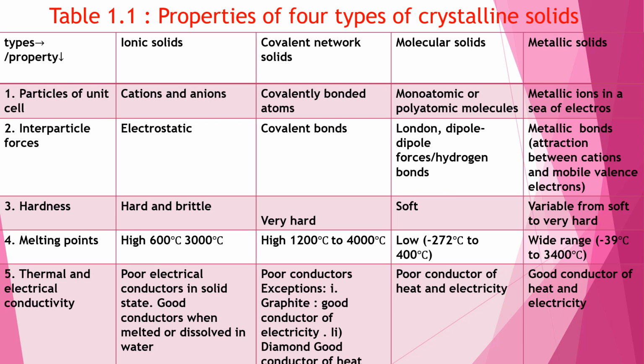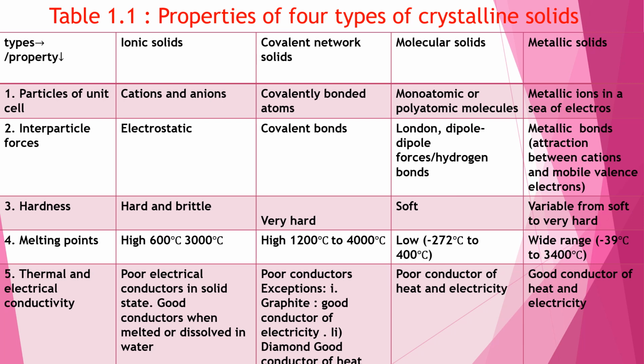In properties, first one is the particles of the unit cell. Cations and anions are there in ionic solid. In covalent solid, covalently bonded atoms are there. In molecular solids, monoatomic or polyatomic molecules are there. In metallic solids, metallic ions are in a sea of electrons.